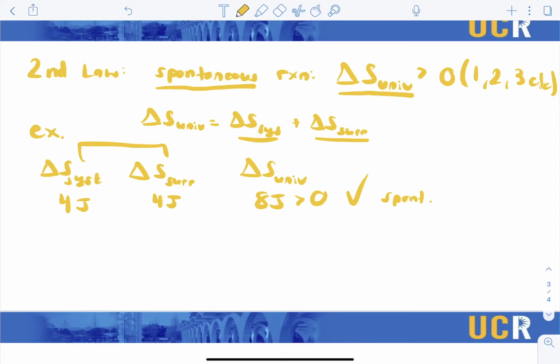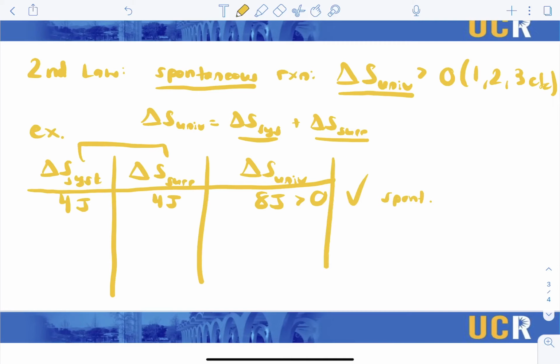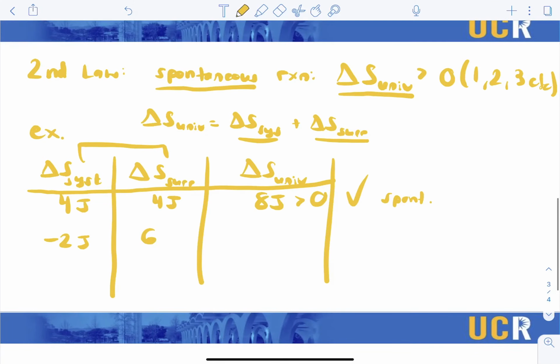Let's do another example that's a bit trickier. Let's say the delta S system is a bit different now, negative 2 joules, and the surroundings are 6 joules. By this equation, you add them up in the same manner: negative 2 joules plus 6 joules equals a total of 4 joules for the universe.